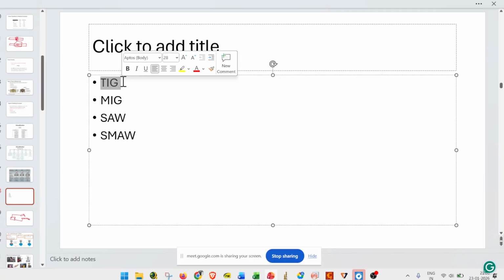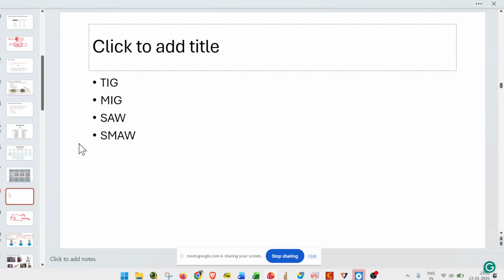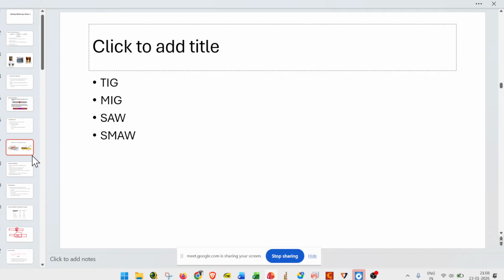In tungsten inert gas welding, the electrode will not melt, because as the name itself says, the electrode is made of tungsten, and we use an inert gas to provide a shielding environment surrounding the arc. Why we have to provide the shielding environment, I will tell you in a moment.